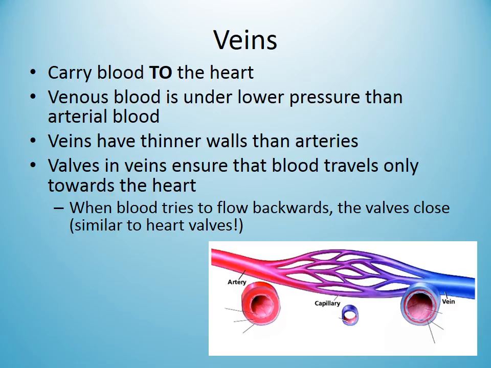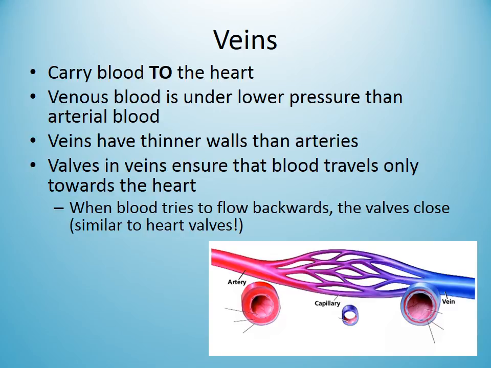Venous blood is under lower pressure than arterial blood, because with arterial pressure we have the heart helping pump and force that blood out into the arteries. The veins have much thinner walls than arteries, and there are valves in the veins that ensure the blood only travels one way to the heart. When blood tries to flow backwards, the valves close.